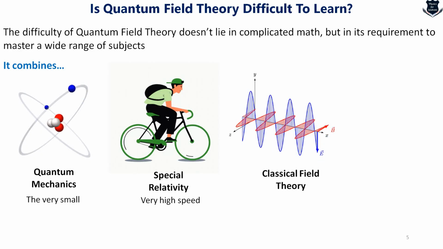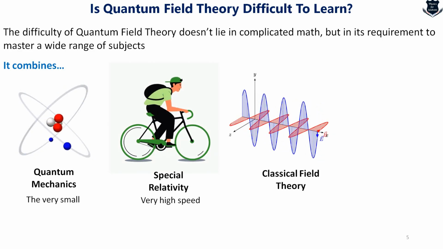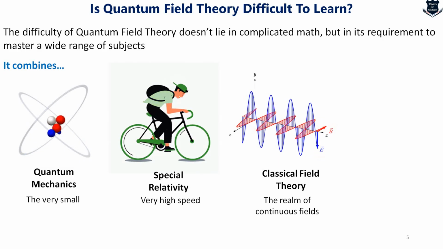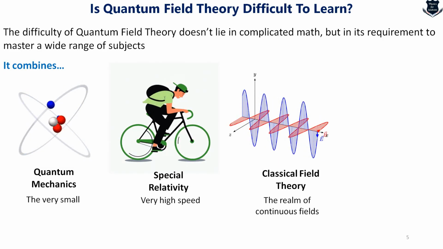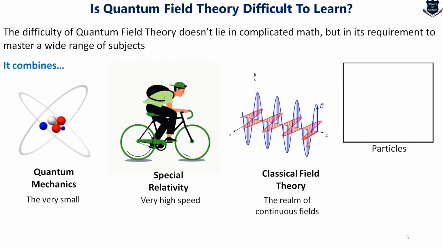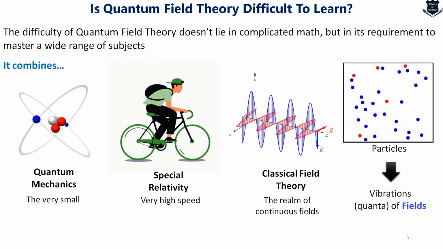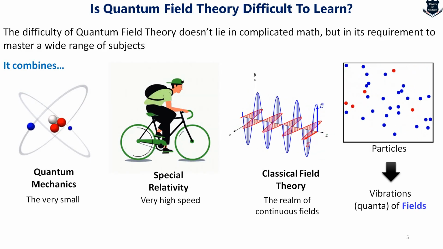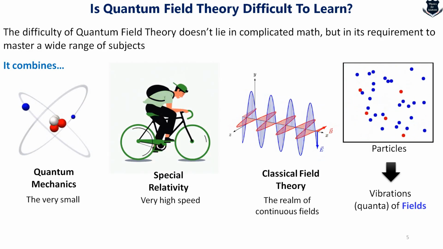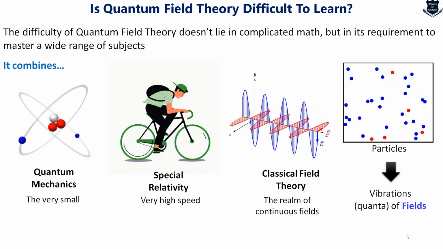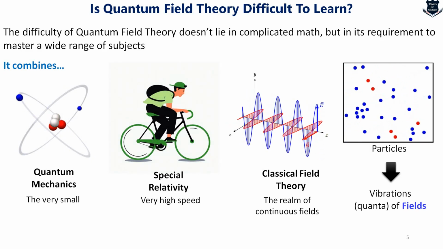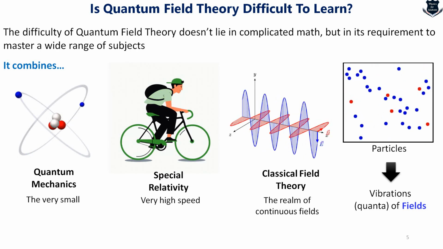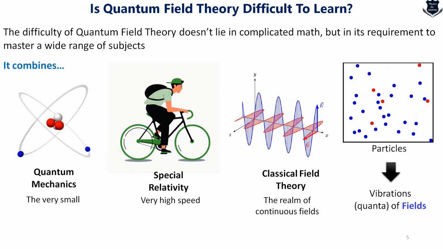And you also need to know the classical theory of fields, which pervades nature and is the realm of continuous fields. And there is a shift that particles are no more particles, but are treated as vibrations or quanta of fields. So from here you can understand that QFT's difficulty is not the math, but the huge area of physics that you need to know and the expertise that you need to have.